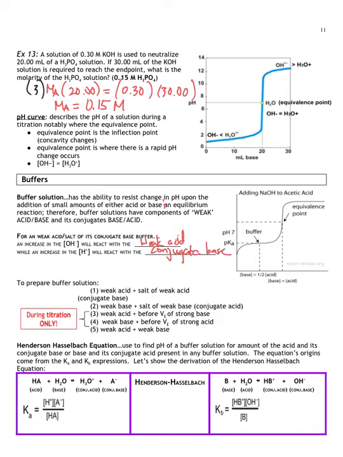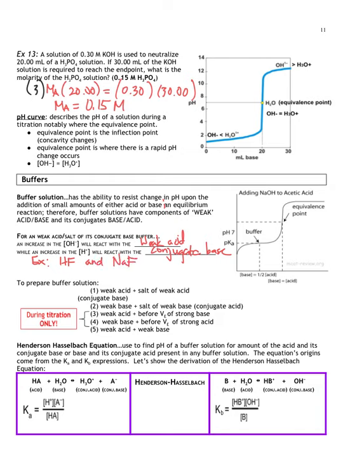And of course, you've had a lot of practice with the BL model, the Bronsted-Lowry model of defining an acid and a base versus its conjugate. So let me use an example of this. I'm going to use a real weak acid like HF, and then I'm going to add NaF.